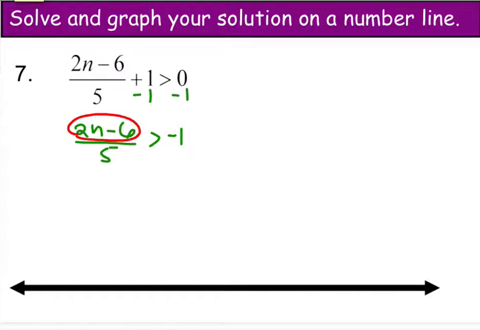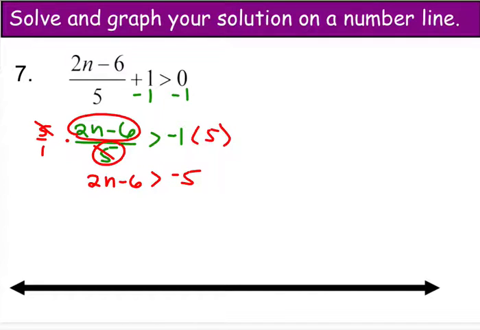So to get rid of the fraction, it's being divided by 5, the opposite of divided would be multiply, basically both sides by 5, or 5 over 1, and these would cancel out. I'm just going to multiply by 5 over here because it's not a fraction on the right-hand side. There is no denominator now except for 1, so I can say 2n minus 6 is greater than negative 5.